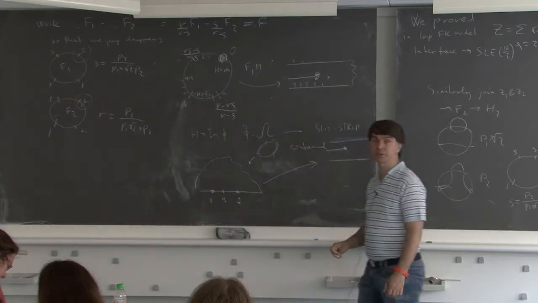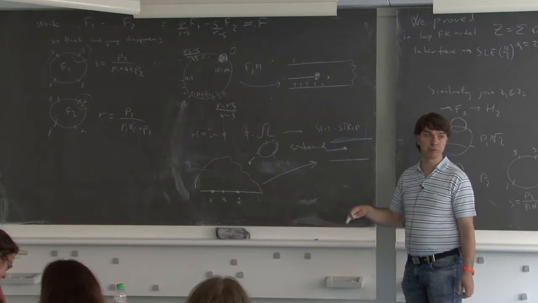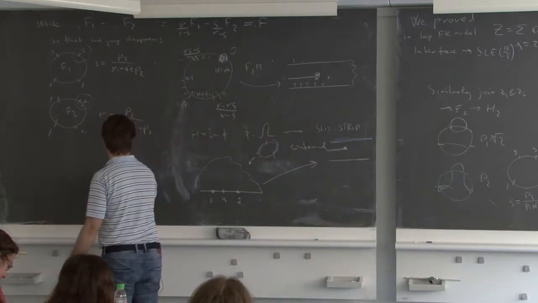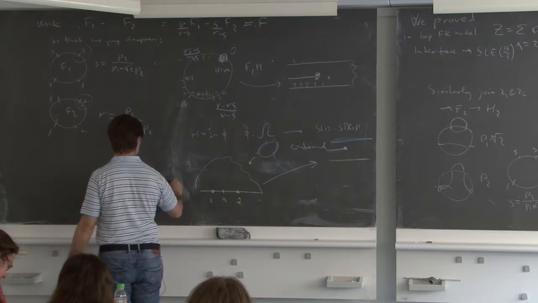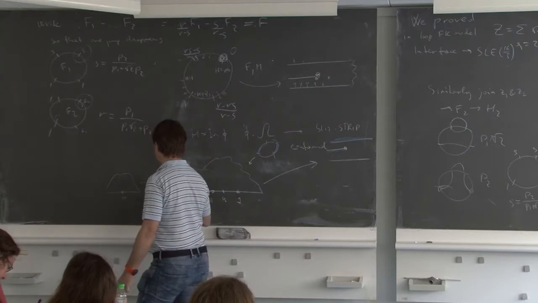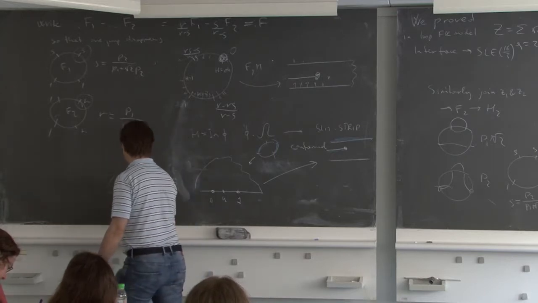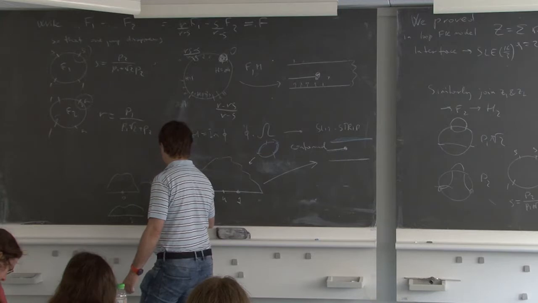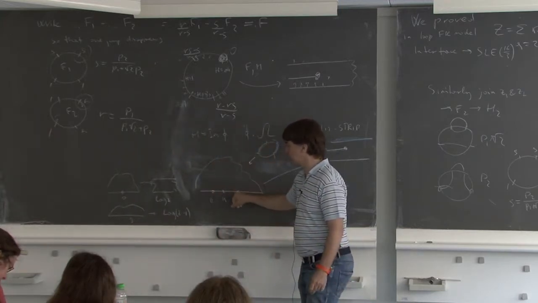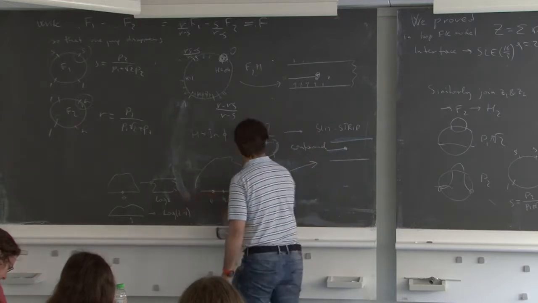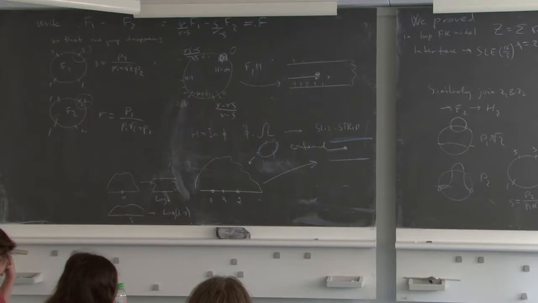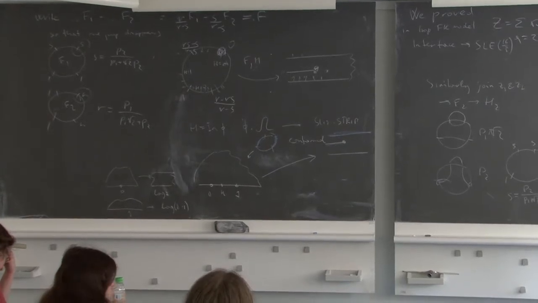So what has a jump at a point 0? Logarithm z has a jump. So you remember, the thing where 0 goes to one end is given by log z. And the thing where 1 goes to one end is given by log of z minus 1. And here we have to have a combination of these two, so it's a combination of two logarithms. And the combination of two logarithms I must have written somewhere. I'll just look it up.